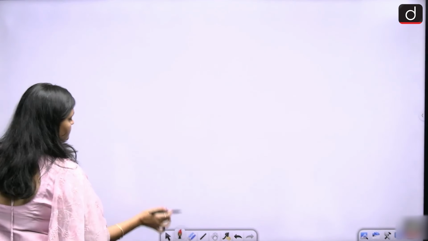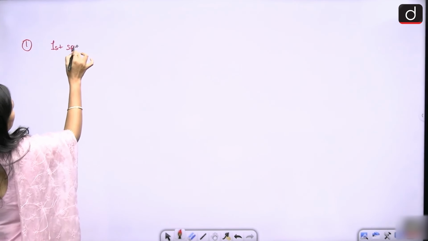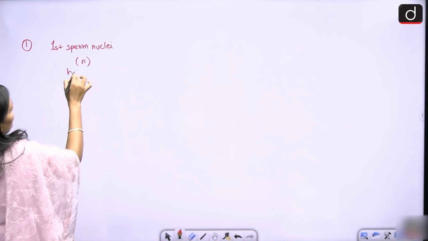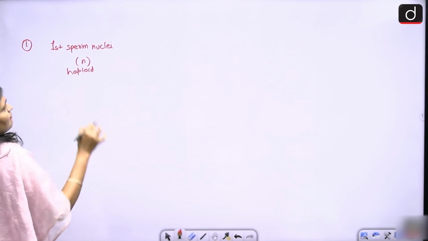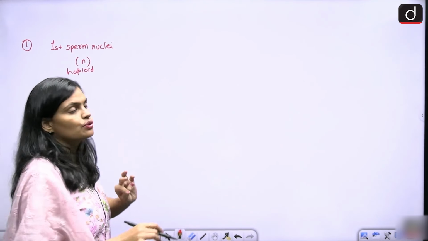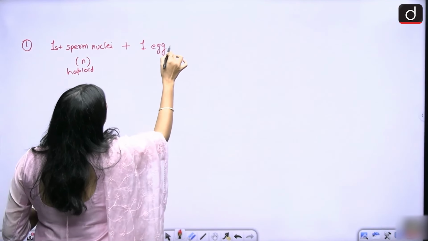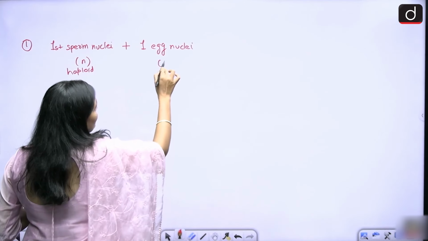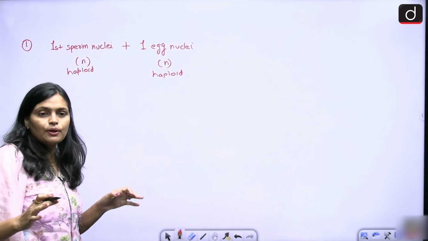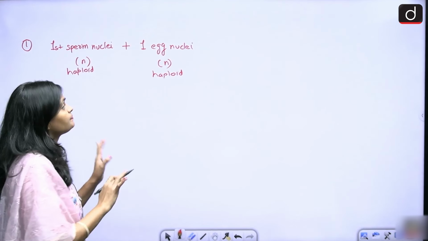Now see what happened here. At the very first, the sperm nucleus is haploid, which means only a single set of chromosomes. First the sperm nucleus fuses with 1 egg nucleus. The egg nucleus is also a gamete, and both gametes are always haploid, whether male or female, egg or sperm, they are always haploid.